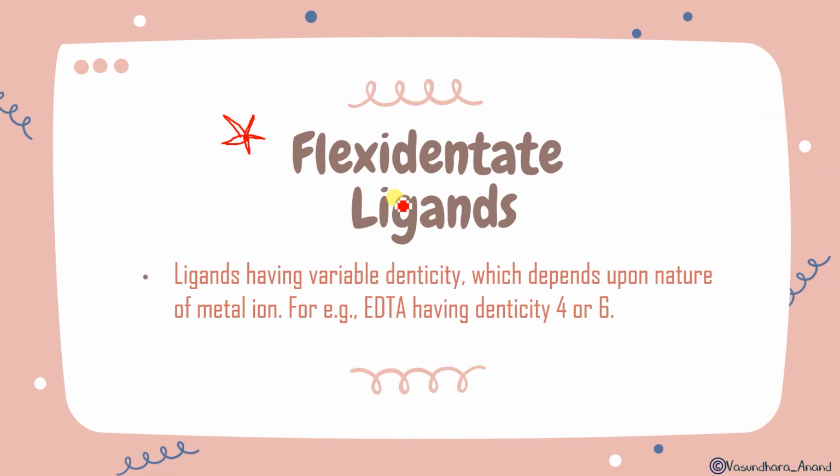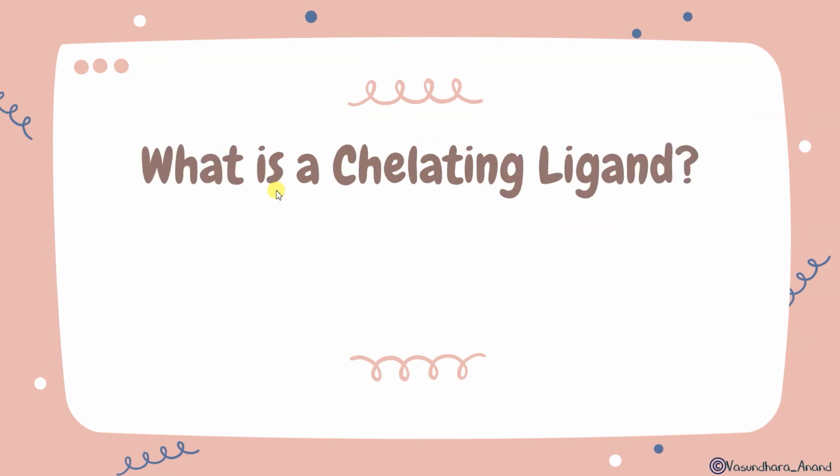It has 4 oxygen atoms and 2 nitrogen, so accordingly it is 6. But if its denticity changes depending upon the metal, then it is called a flexidentate ligand. So EDTA can show denticity 4 as well as 6 depending upon the metal ion. That's why it comes under flexidentate ligands.